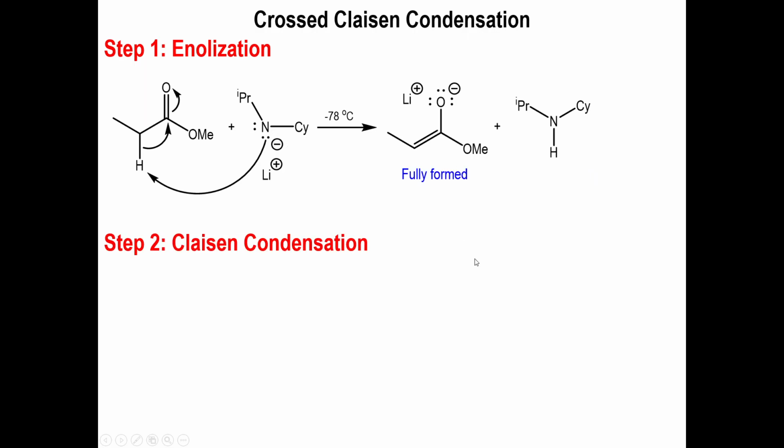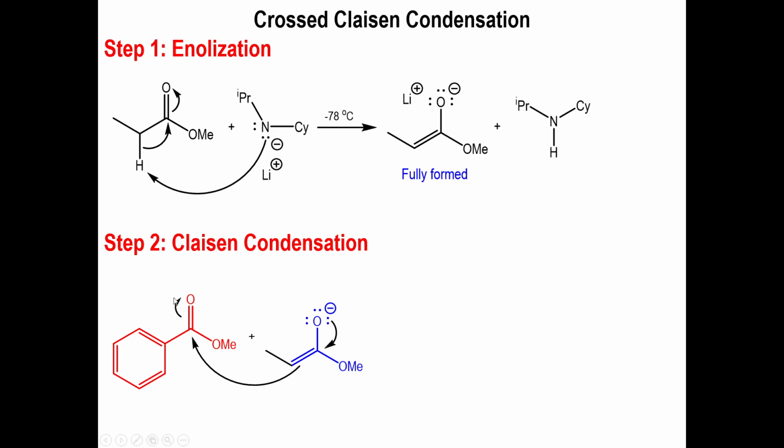And once you fully form that enolate, then you can add the other ester that you're trying to react it with, right? So the electrons can come back down from your enolate. The pi electrons will move over to attack the carbonyl carbon of the second ester, and those electrons will move over to produce an alkoxy group, right?